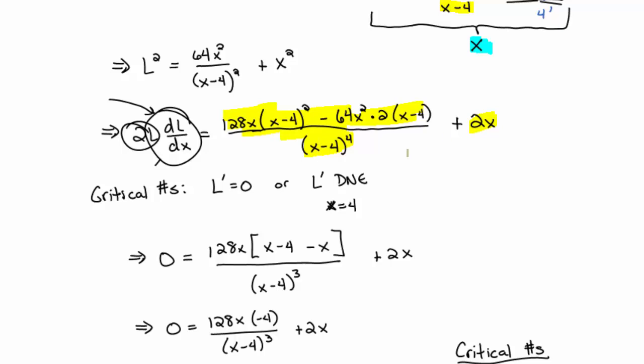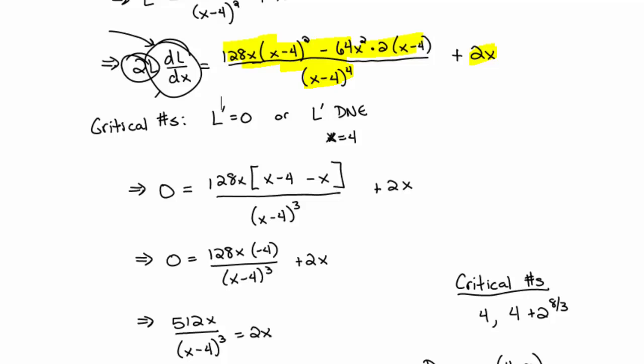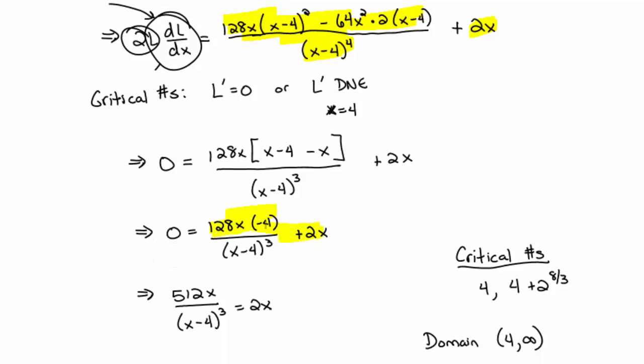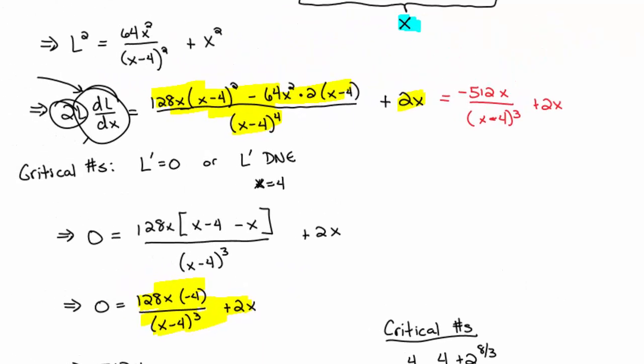We actually simplified that right-hand side quite a bit by getting to here. That is the simplified version of the right-hand side. So let me go ahead and say that this is equal to negative 512 x over x minus 4 cubed plus 2x. So it was just me simplifying that right-hand side.